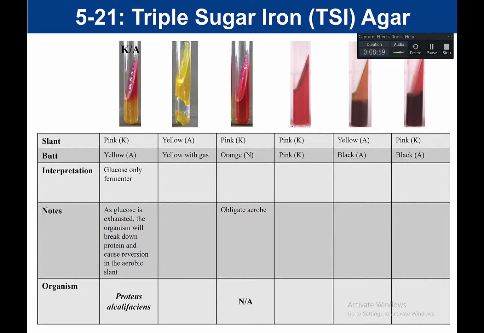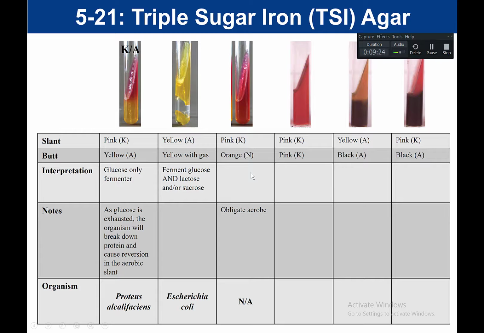So yellow tells us that the organism ferments glucose and lactose and/or sucrose. So it ferments at least one disaccharide. Our example organism for this would be Escherichia coli, E. coli. E. coli can ferment glucose and at least one disaccharide.